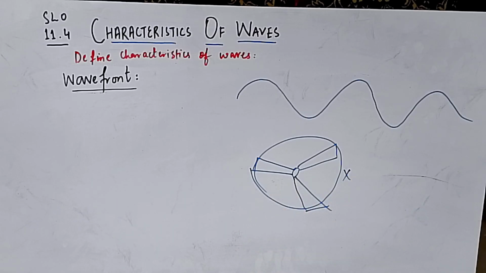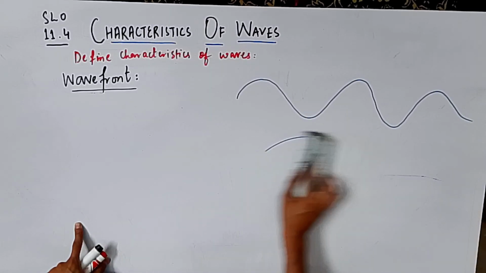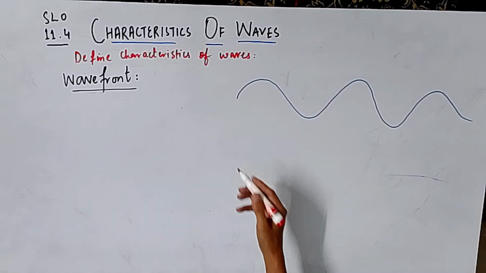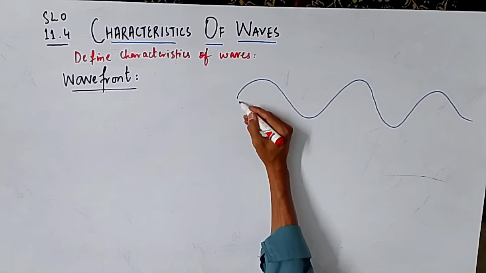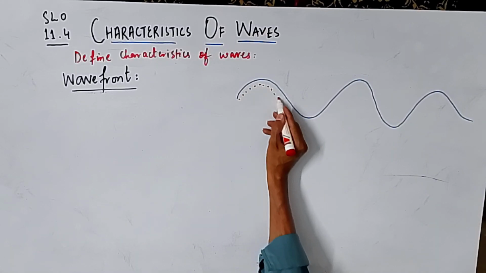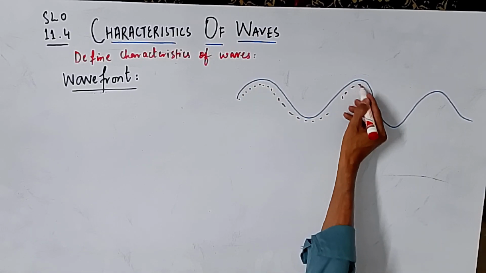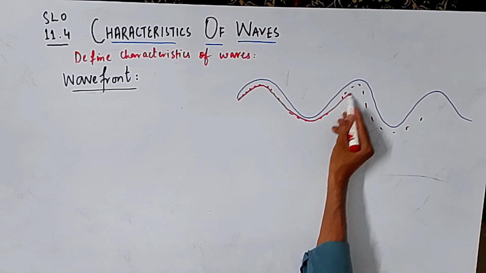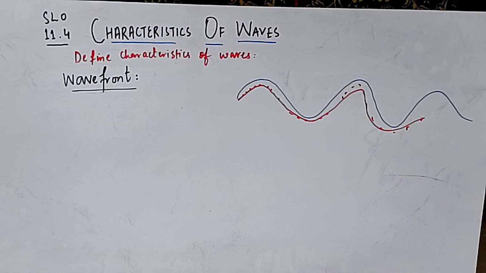So the wavefront is also, we can call it, the shape of the wave. Actually, when we talk about sea water, the water particles are like this, and when we combine them, we can see a shape or a wave. So this is called the wavefront.